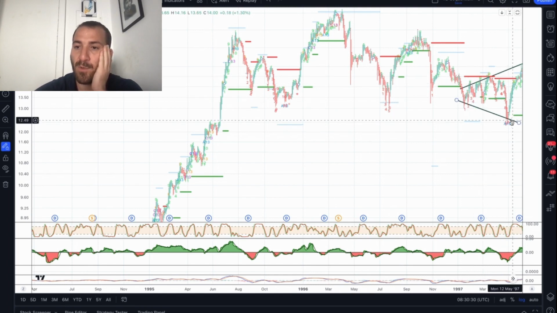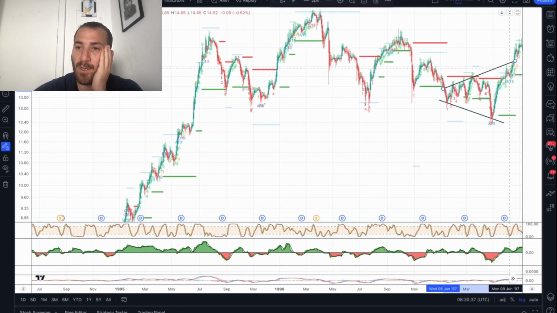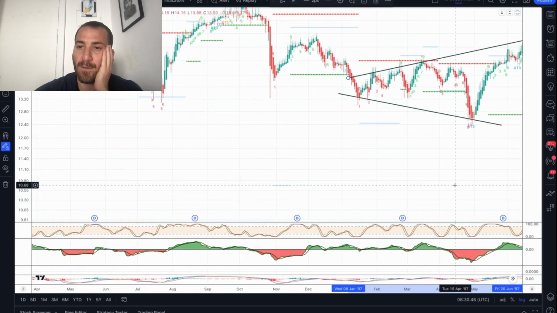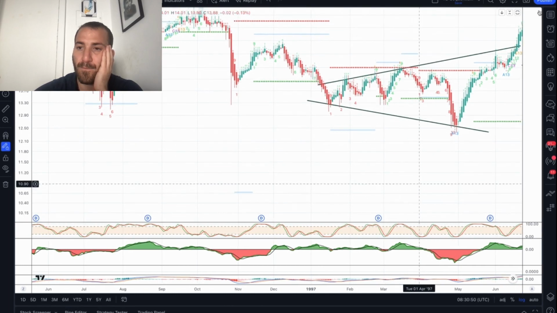They had one touch at the bottom, two touch at the bottom, they had 1, 2, 3 over here, and then let me just zoom in a little bit. We had one touch, two touch, 1, 2, 3.